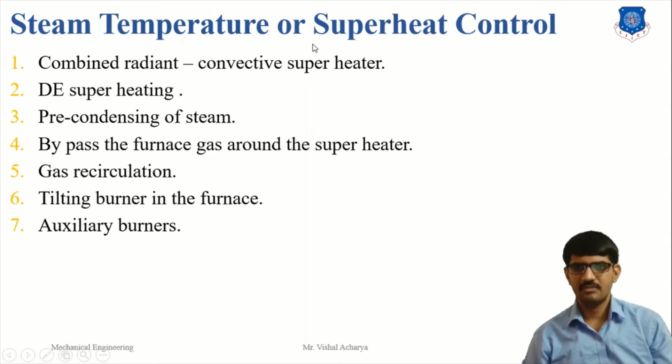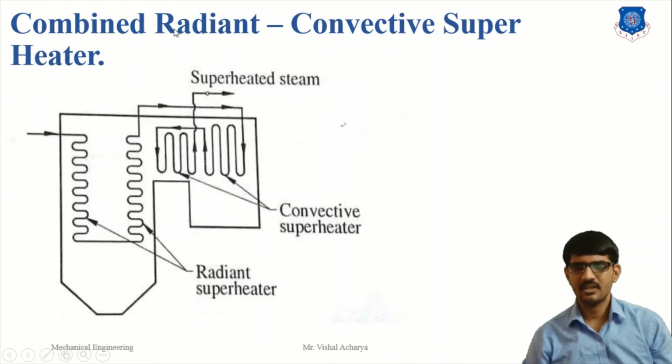Next is the steam temperature or superheat control. First is the combined radiant and convective superheater. The methods are desuperheating, precondensing of the steam, bypass of furnace gas around the superheater, gas recirculation, tilting burner in the furnace and auxiliary burner. First, the combined radiant and convective superheater.